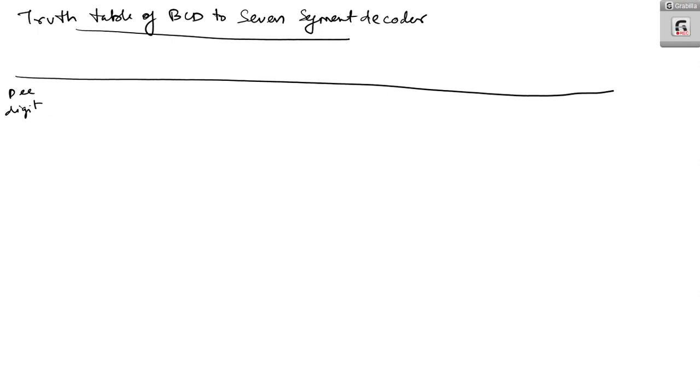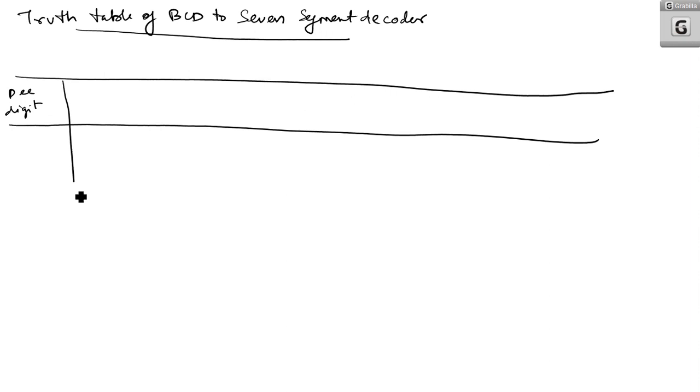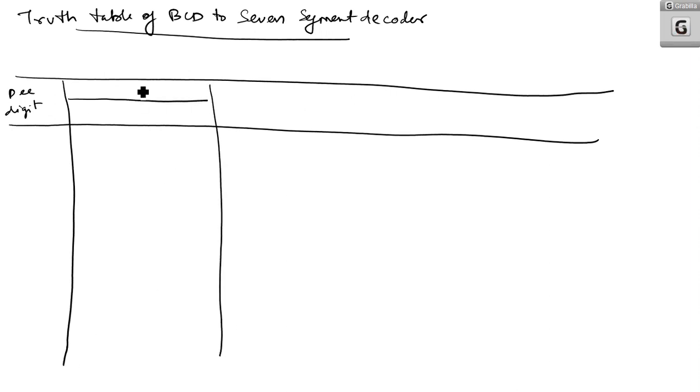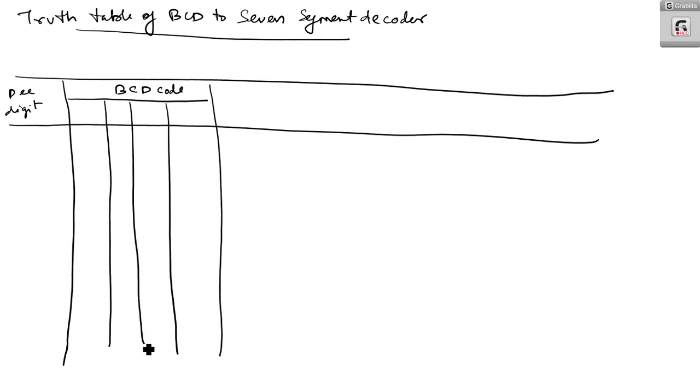Then we have the corresponding BCD code. That BCD code has 4 bits, so let it be A3, A2, A1, A0. So 0, 1, 2, 3, 4, 5, 6, 7, 8 and 9.